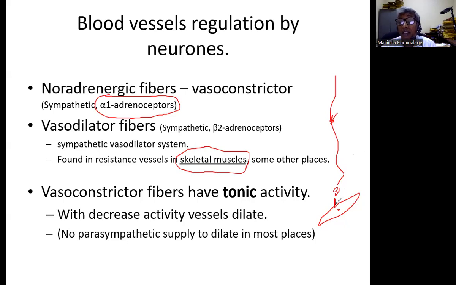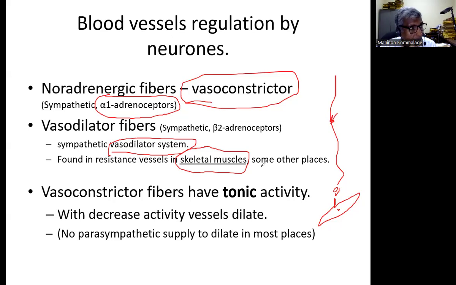When they bind with the receptor, it will relax the smooth muscle in the blood vessels of the skeletal muscle. Therefore we call it the vasodilatory system. This vasoconstrictor system is available throughout the body, but the vasodilator system is limited to skeletal muscles and a few other places.